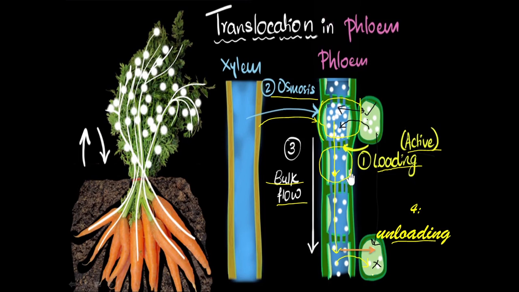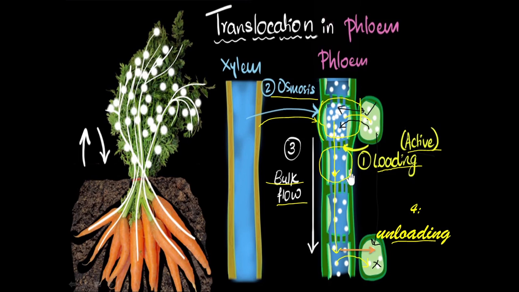Once more, I'll just tell it once more. From the plant parts where they already have enough stored food, and where the solute particles or glucose molecules are more in number, they will move to the phloem.